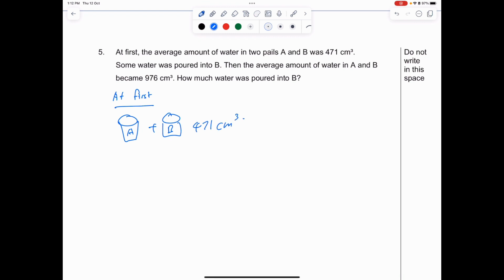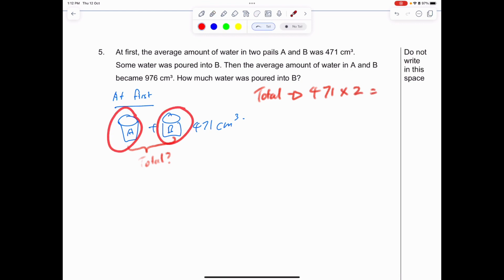My first question to ask is, what is the total? To find this total, I will need to take 471 times 2. Why times 2? Because there are 2 buckets. So when I multiply by 2, it becomes 942.